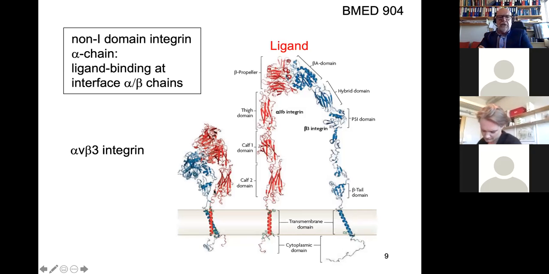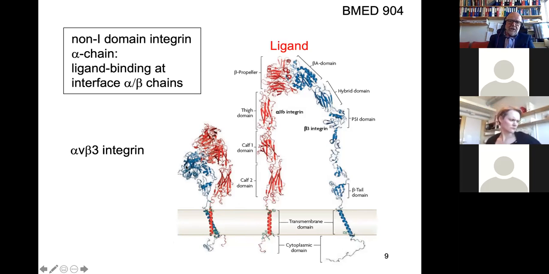The first integrin where the structure was determined at the atomic level was alpha V beta 3 integrin, where scientists worked for 5 years in order to determine the structure. What they did was to delete the transmembrane part, express the extracellular part, and then crystallize it.